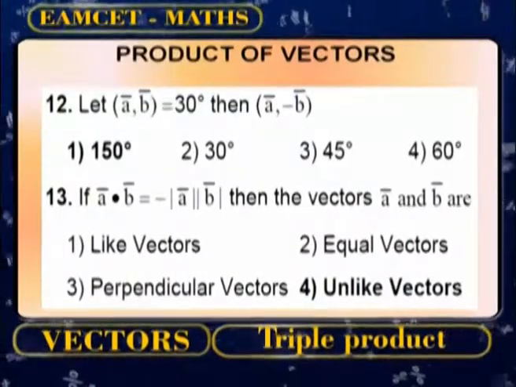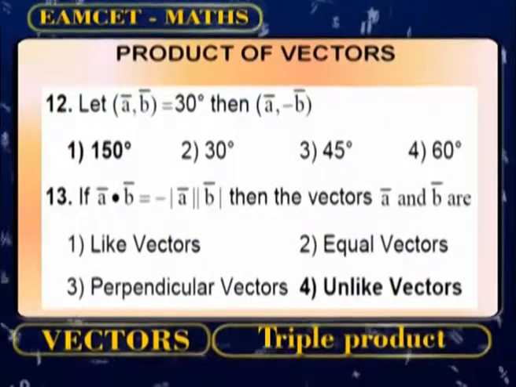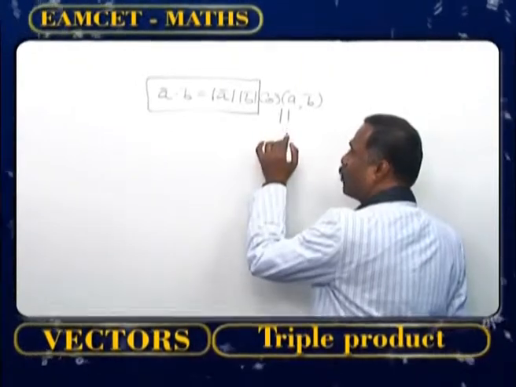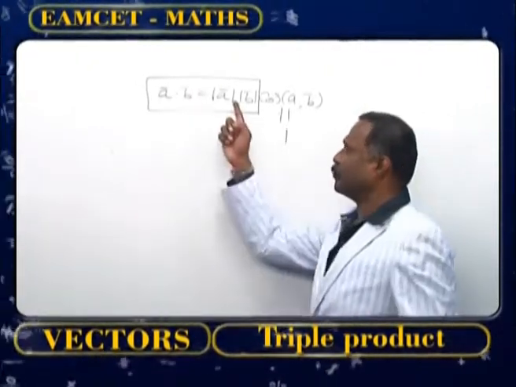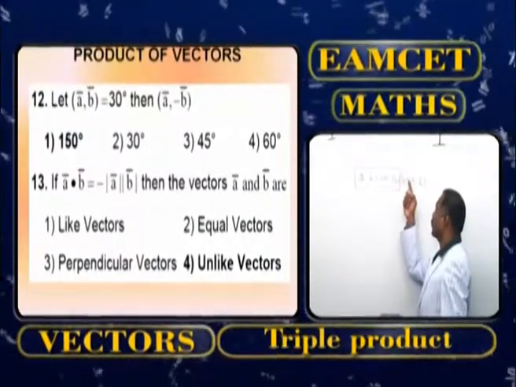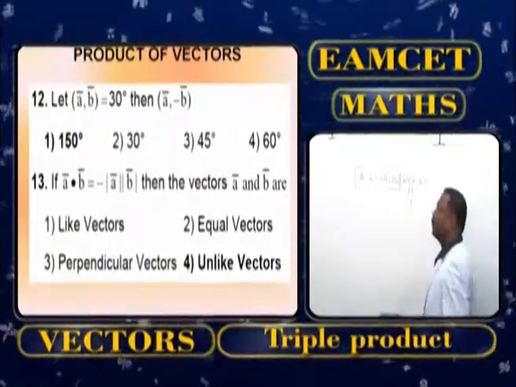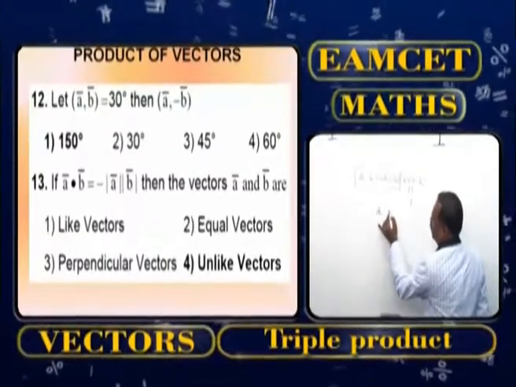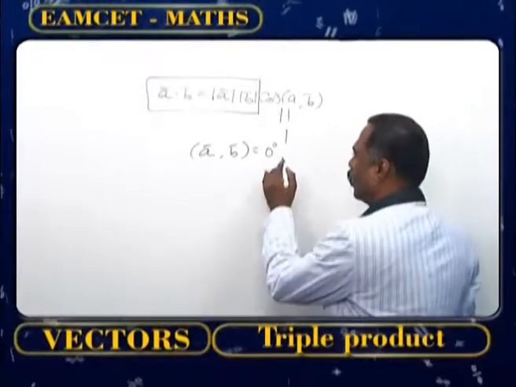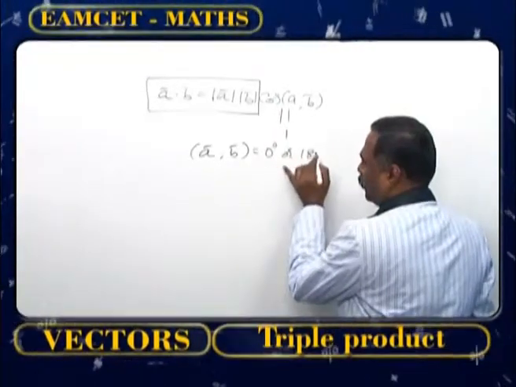You can go through the slide, you can go through the problem there. This means cos of A bar comma B bar must be 1. When it becomes 1, the angle between A bar and B bar is 0 degrees or 180 degrees.